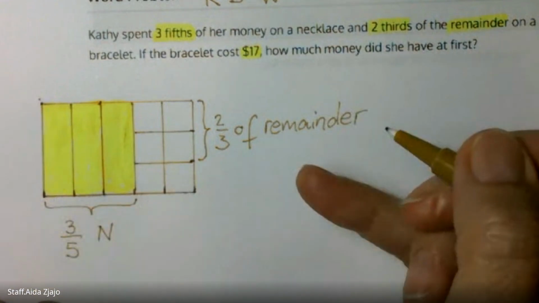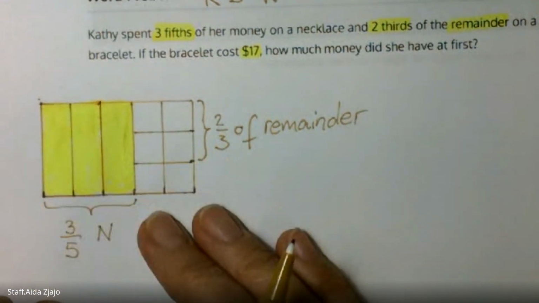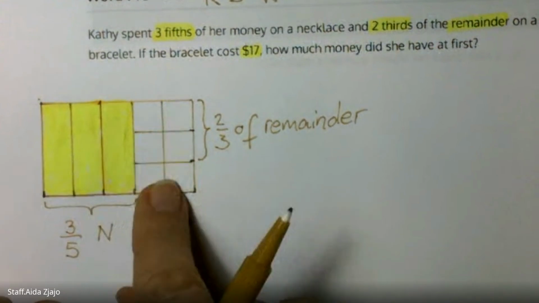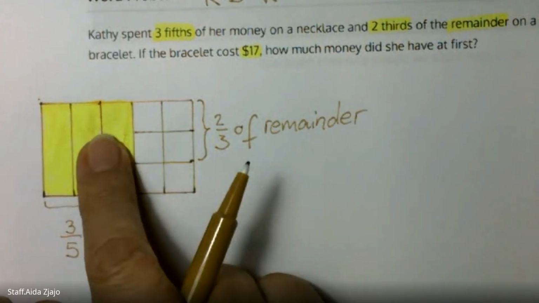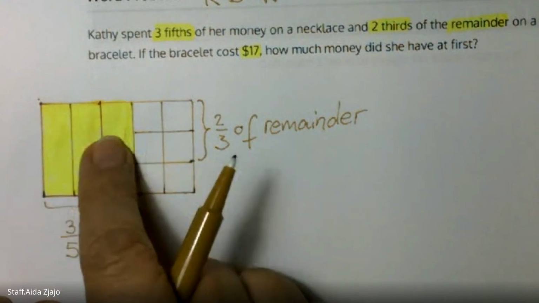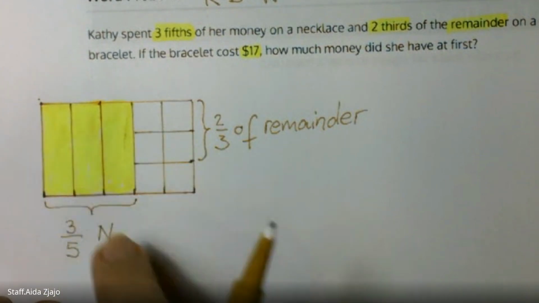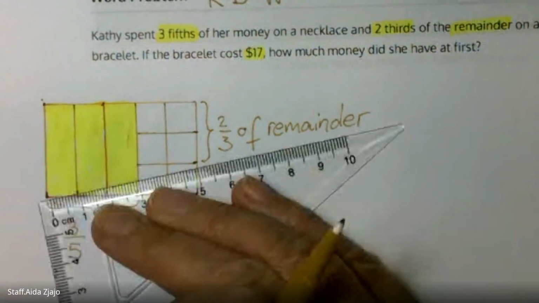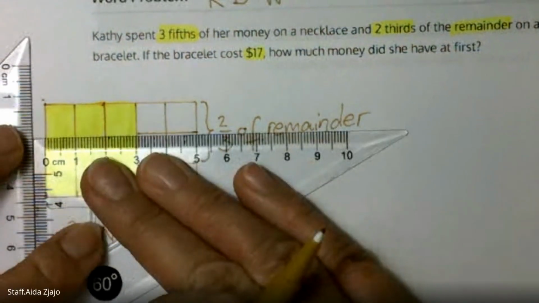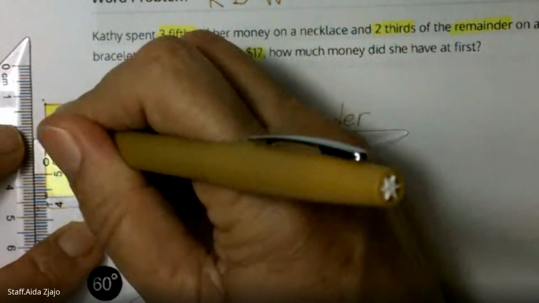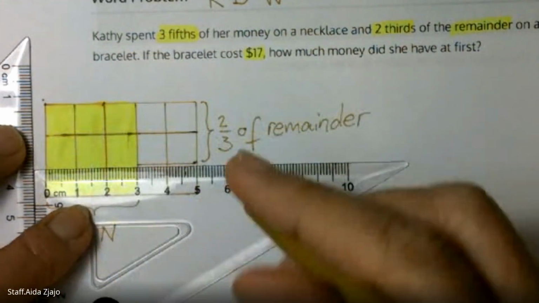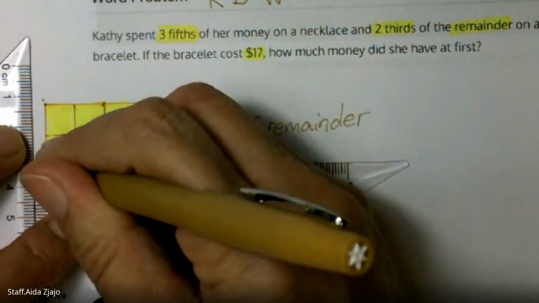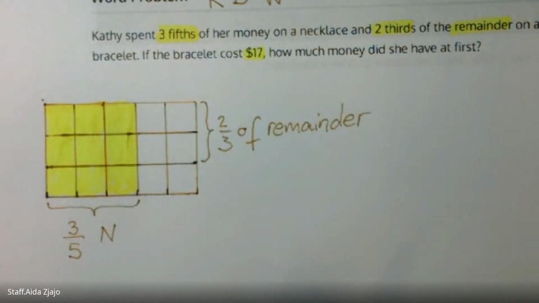But because we're talking about the whole money, these units are not equivalent, so we have to cut these parts as well into the same units. So I'm going to just extend the lines, and now I will have 15 same units.